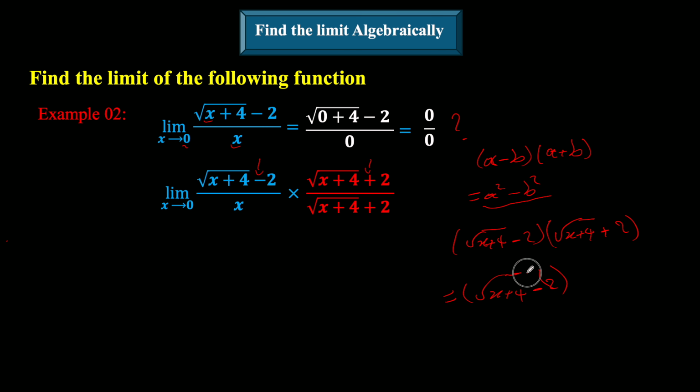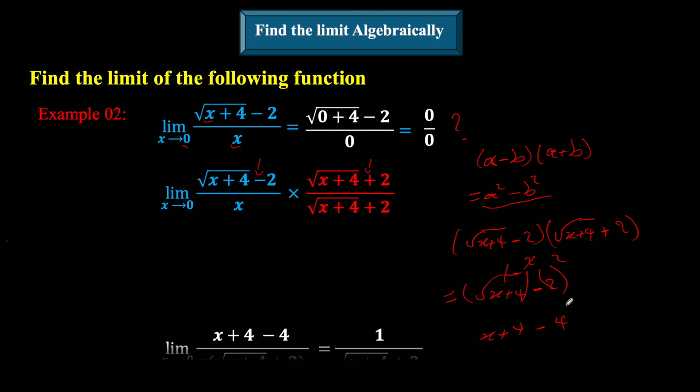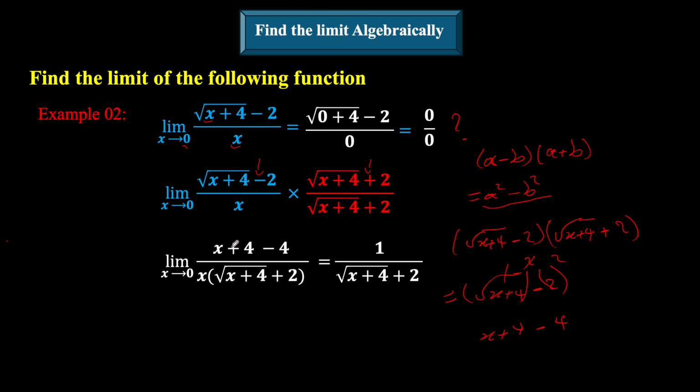So here we have minus, so you take the square. This square root will disappear with this square, so you have x plus 4 minus 2 squared, which is 4. That's why we get x plus 4 minus 4, and x we will multiply by the square root of x plus 4 plus 2, which we didn't touch, okay?